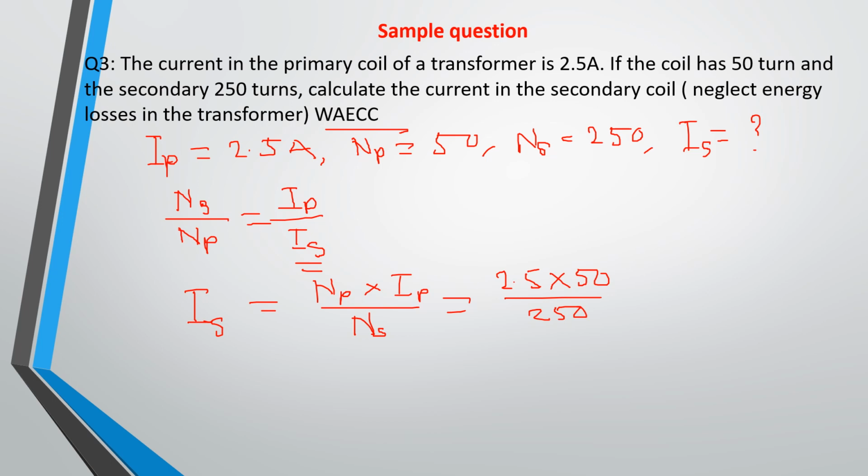So you can do this division with your calculator. This will give you 0.5 amps.